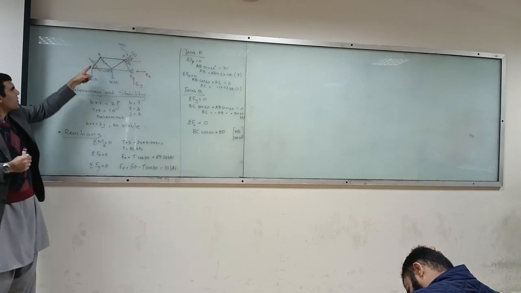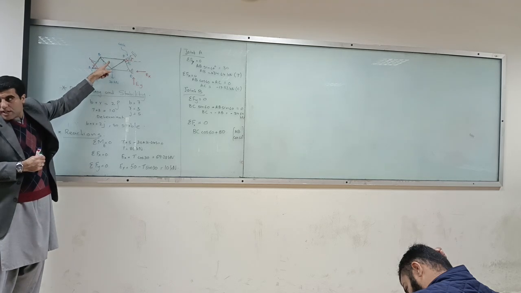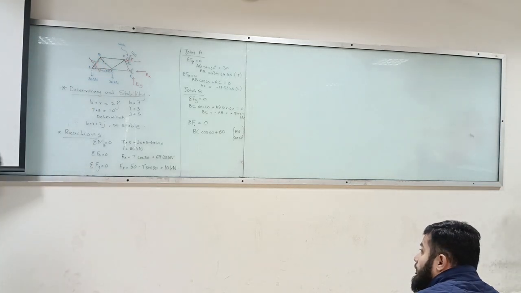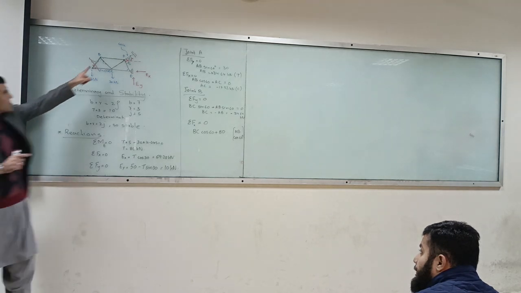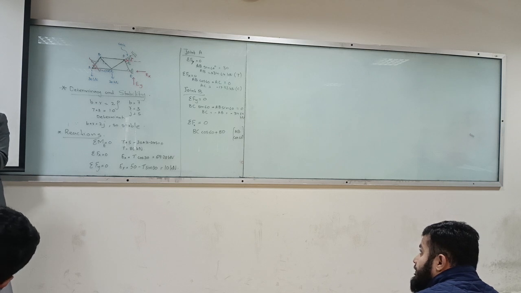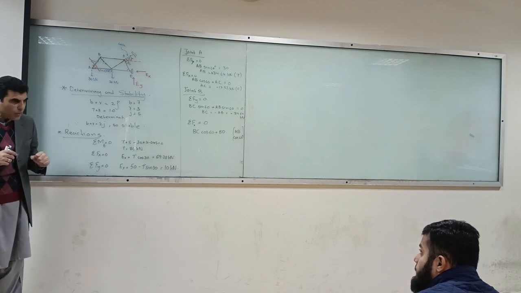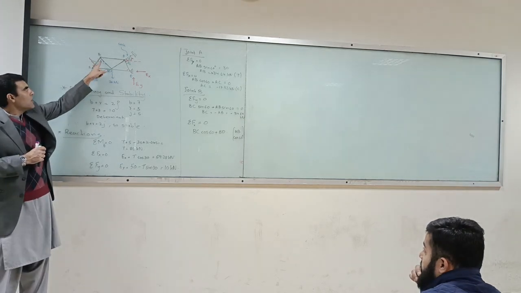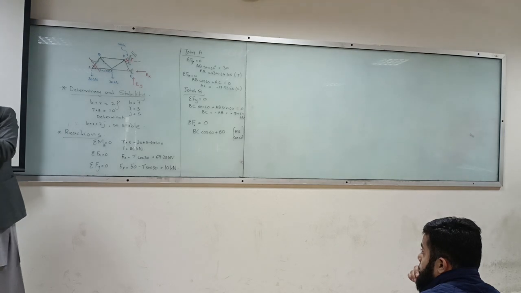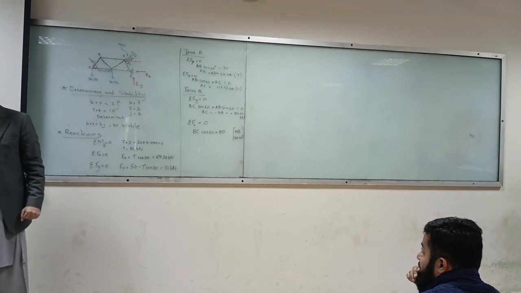If you say that this is also facing this one, this means your member is somewhere over here. I am saying that your tension is always considered out of the joint, away from the joint. That's true. But you have to then tailor this idea in accordance with your available equation. So when you do summation of Fy or Fx is equal to 0, all the forces on this side must be equal to all the forces on that side.